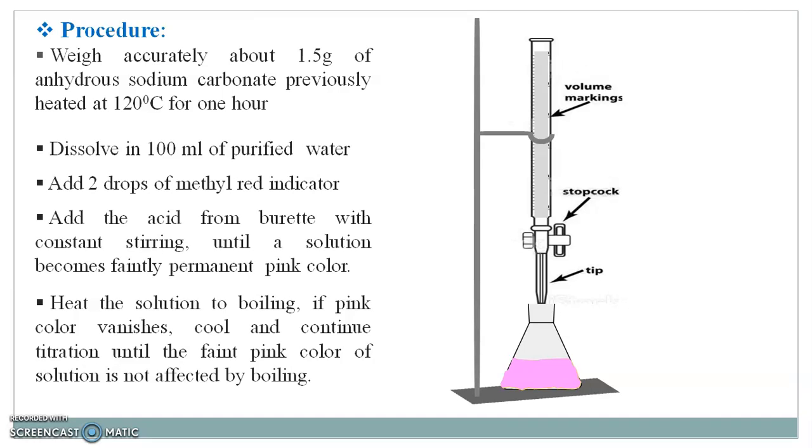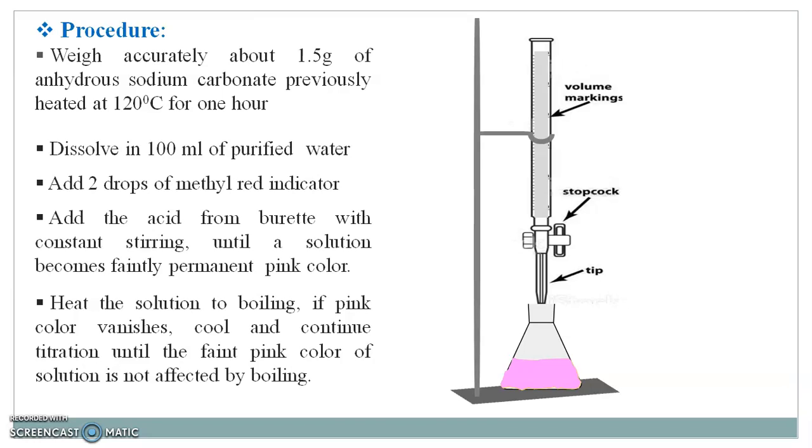But on heating, this unstable carbonic acid decomposes to liberate carbon dioxide, and the carbon dioxide is expelled and the original yellow color of the solution is restored. When the reaction is complete, the pink color of the solution is not affected by heating. That is why, to avoid the interference of the formed carbonic acid, we heat the solution.